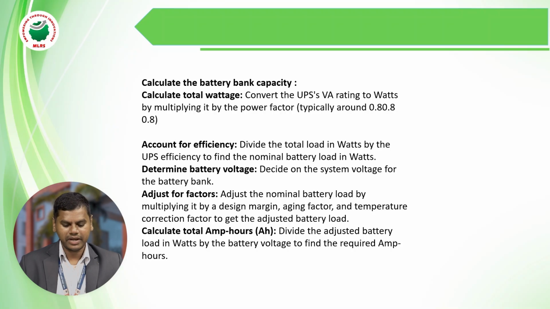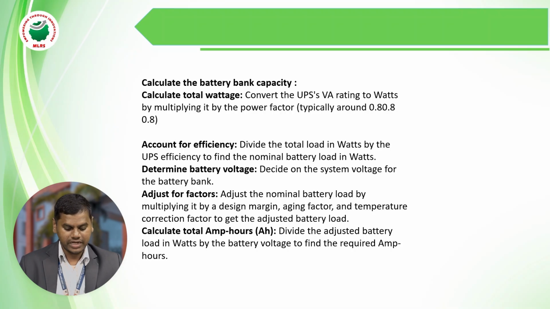In calculating the battery bank capacity, wattage is done, and next account for efficiency. Divide the total load in watts by the UPS efficiency to find the normal efficiency battery load in watts.